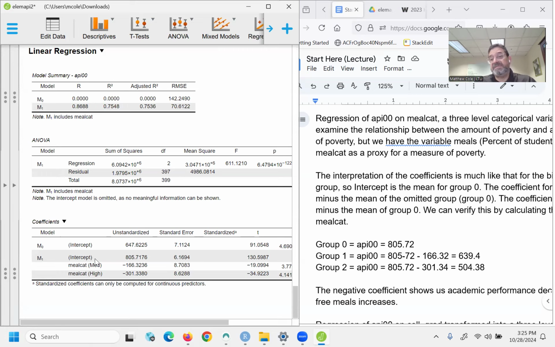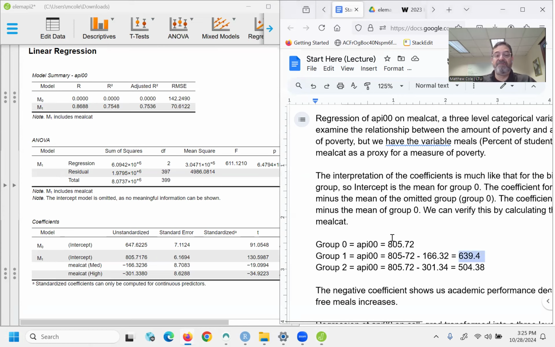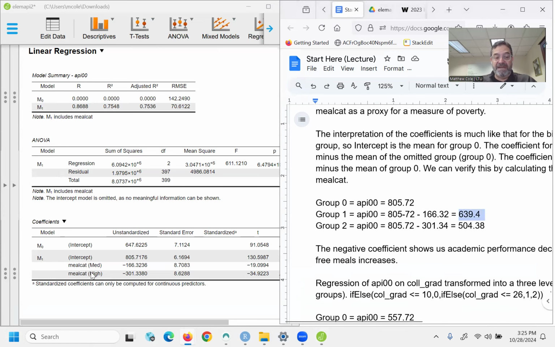That was group 0, basically the dummy variable. The next category was the medium amount of free meals needed. So now API goes down, 805.72 minus 166.32. So it's 639.4. And then as we get high meals, it goes down to 504.38.